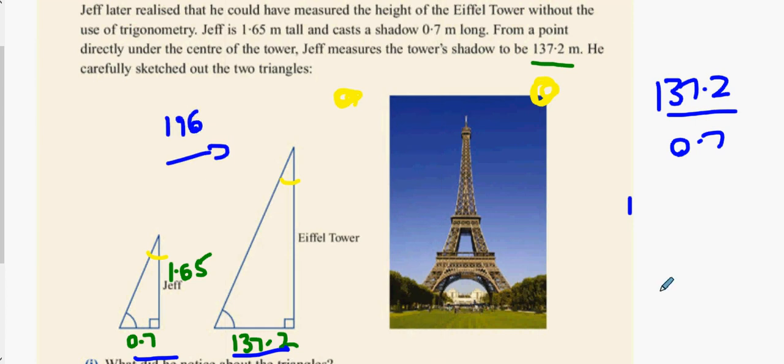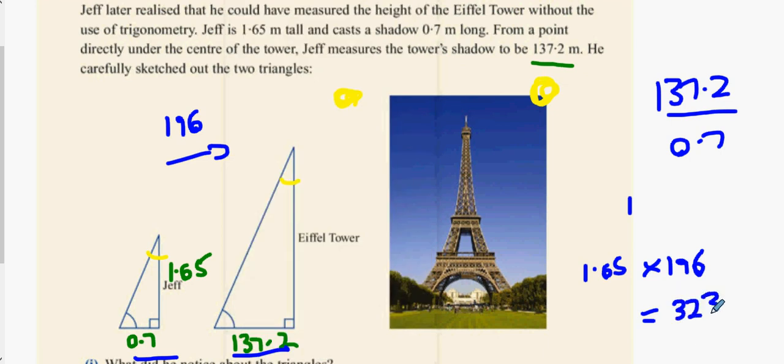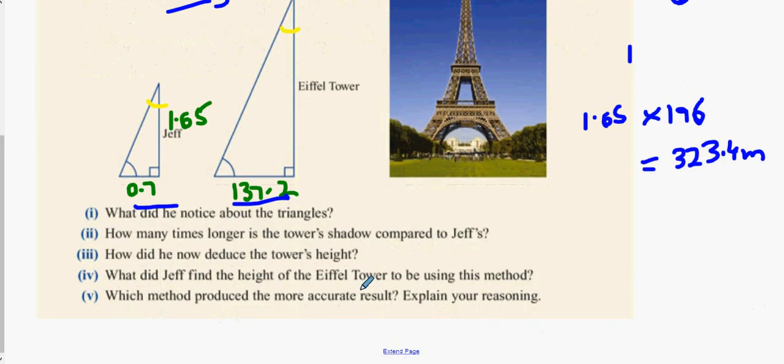So then you do 1.65 multiplied by 196, and we get the Eiffel Tower 323.4 meters high. Alright, hopefully that makes sense. What does he know about the triangles? They're similar.